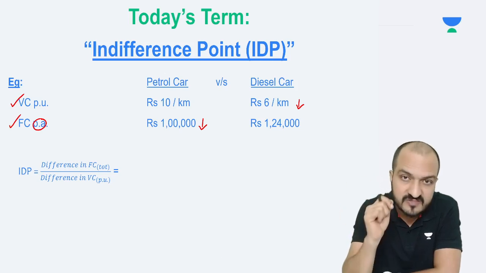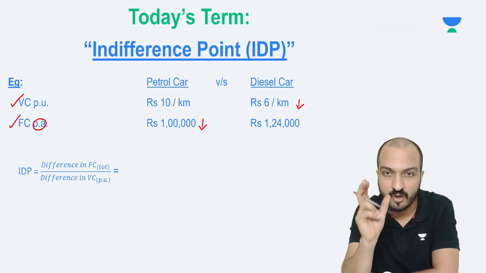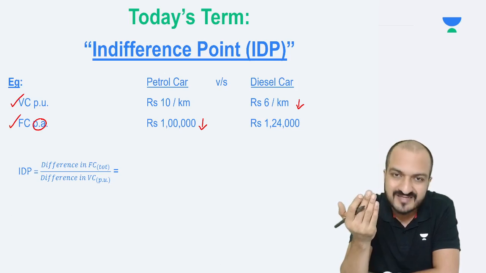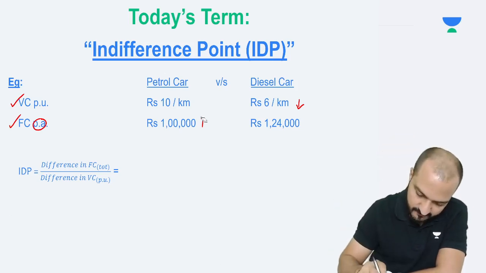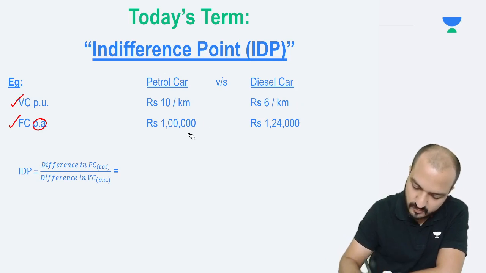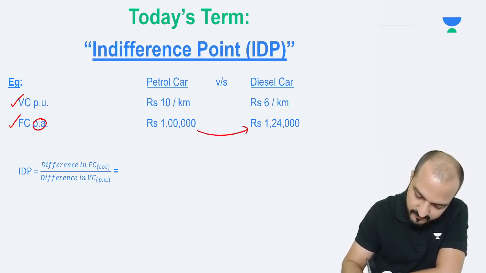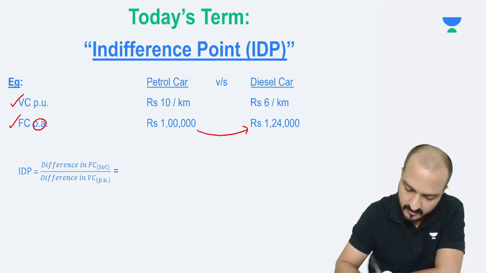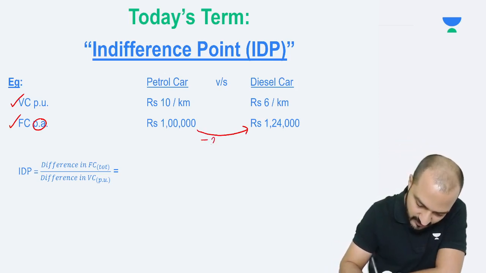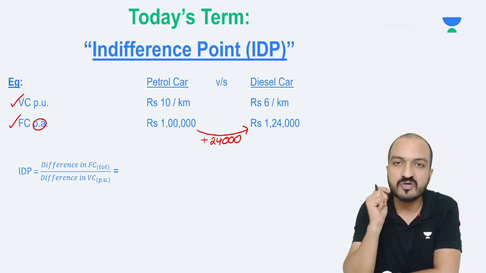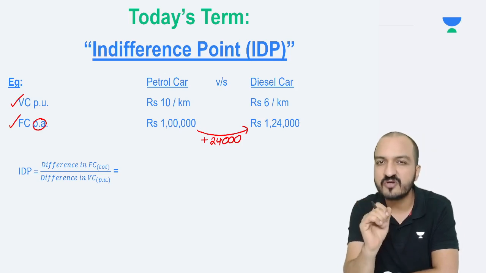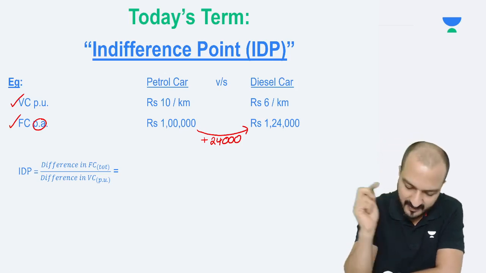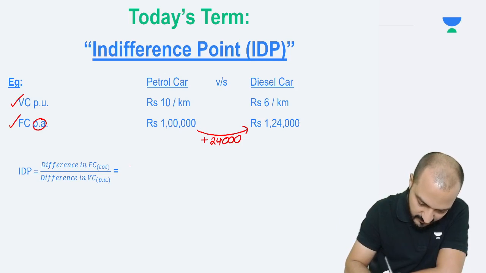Now, indifference point is basically the level of kilometers above which the diesel car should be chosen. If at all I choose the diesel car, how much extra fixed cost do I pay? 24,000 extra fixed cost I am paying. Why would somebody pay extra 24,000 for the diesel car?